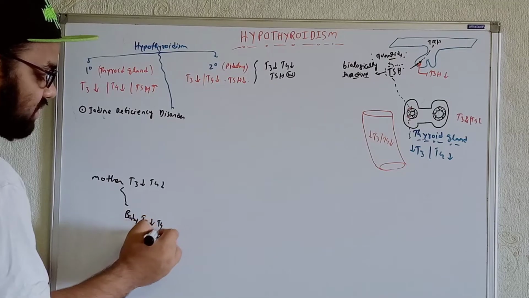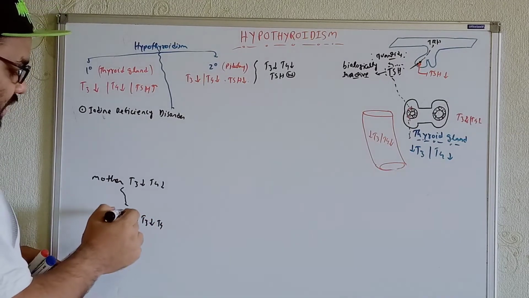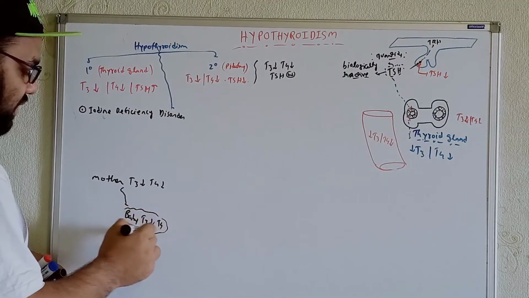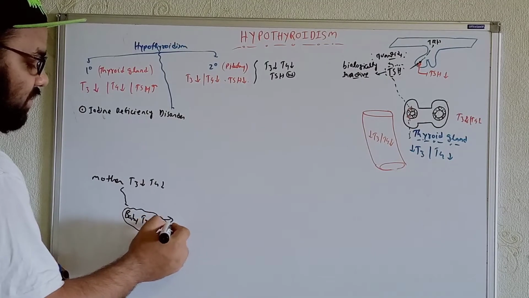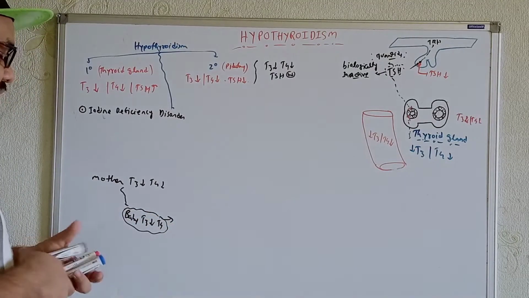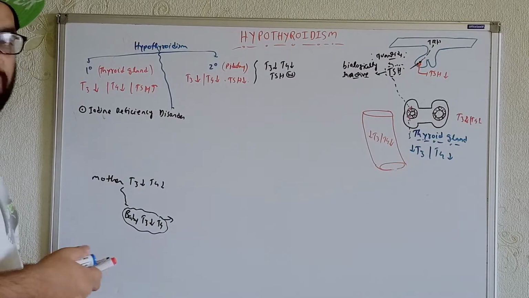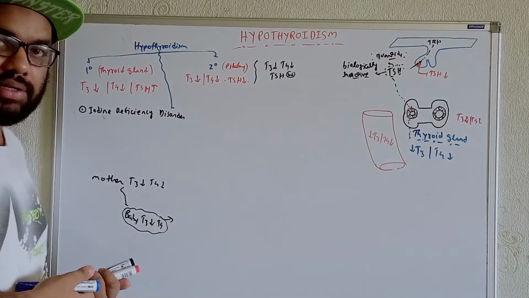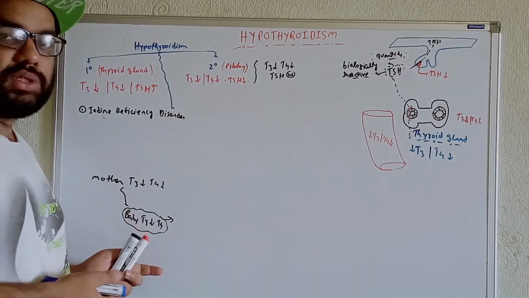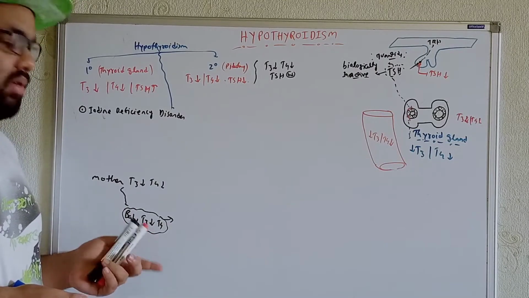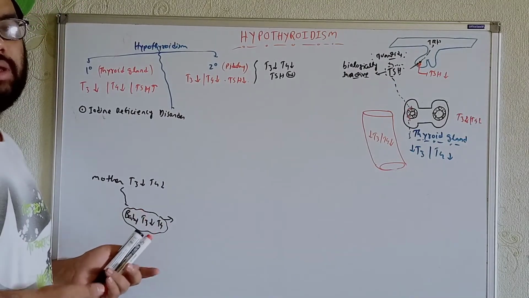Whenever we get less T3 and T4, different kinds of problems occur. We get mental retardation, and the physical growth will not develop properly, because the thyroid hormone is responsible for mental maturation, along with physical development.